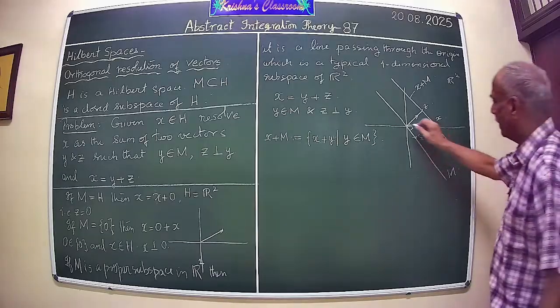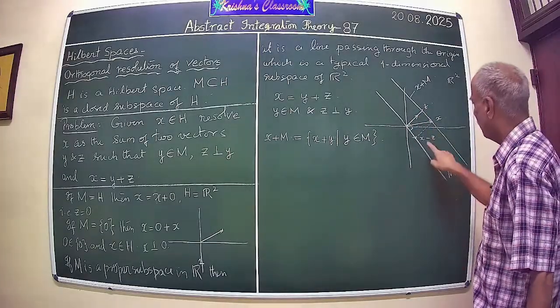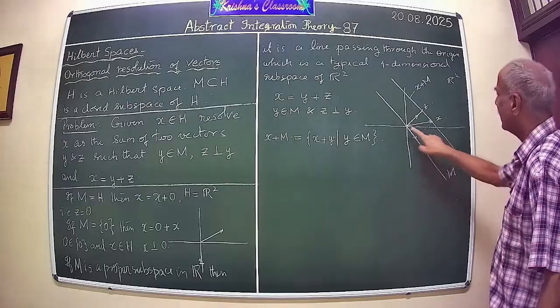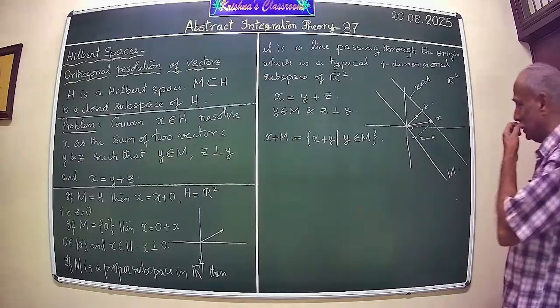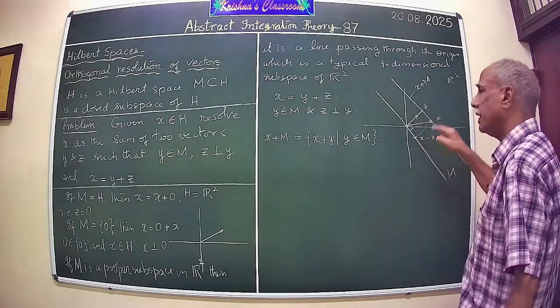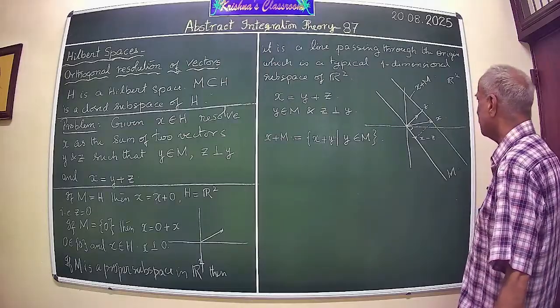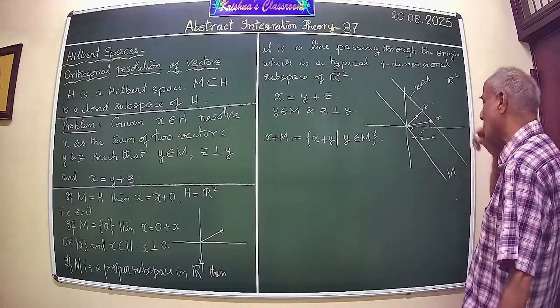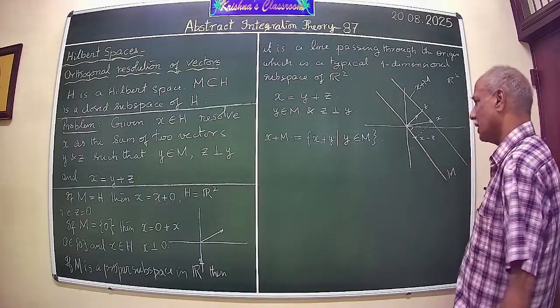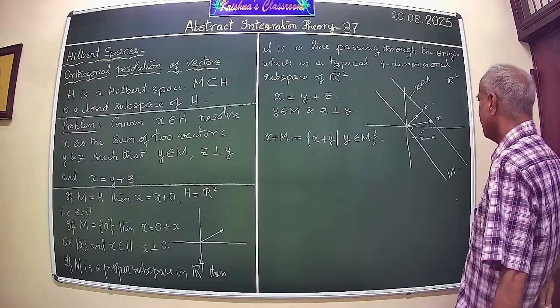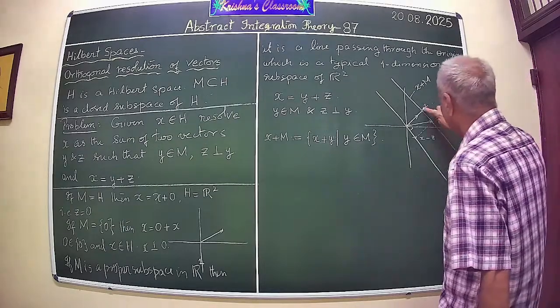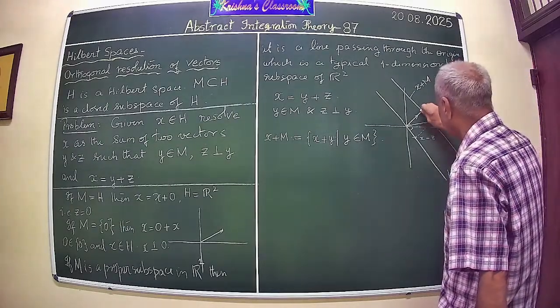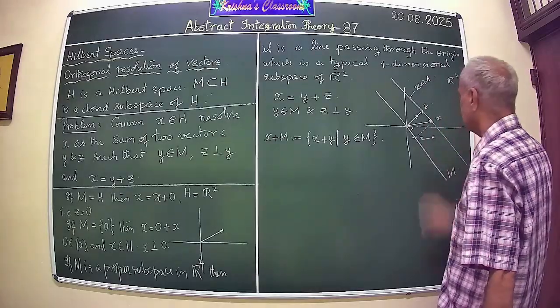So you have the vector z and the vector x minus z, and their sum is going to be x. In R², they are orthogonal to one another. But the problem is how to fix the point which will determine z.